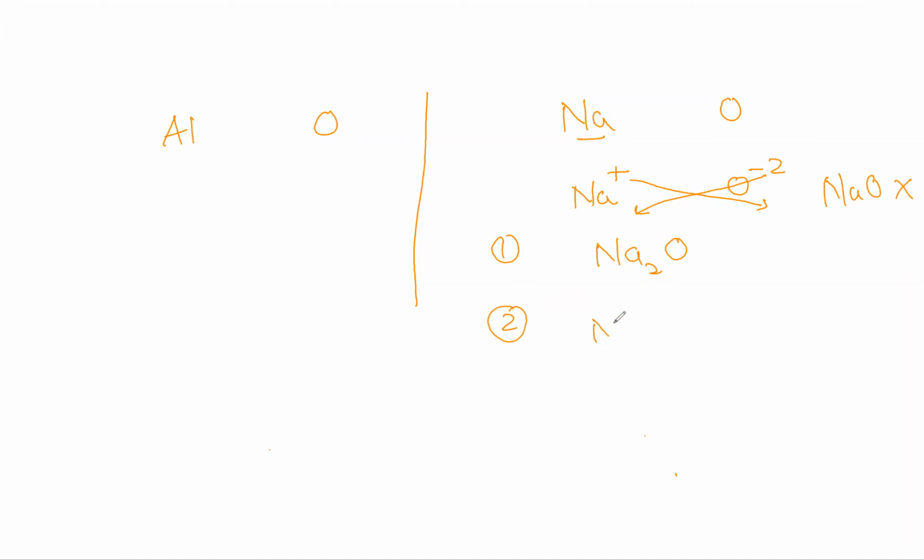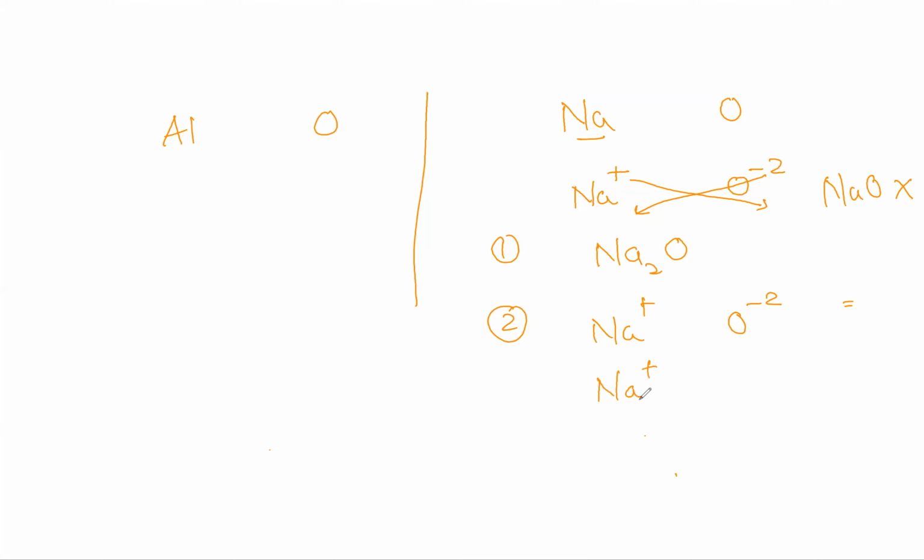We just need to find out the total has to be 0. In this case, the total is not 0 yet, right? I would say the positive charge and the negative charge are not the same yet. To make the same positive and negative charge, you need one more sodium, right?